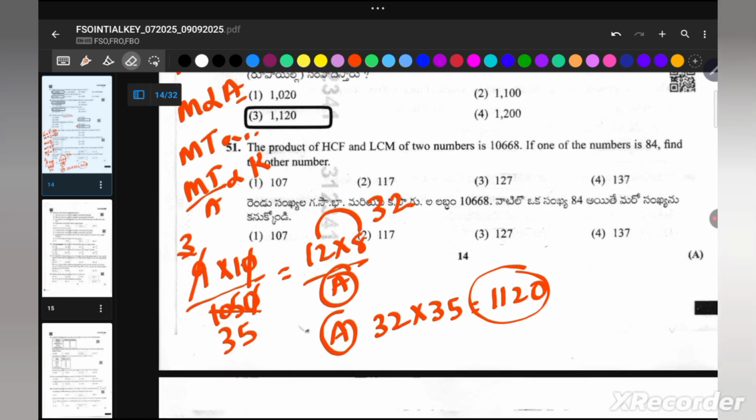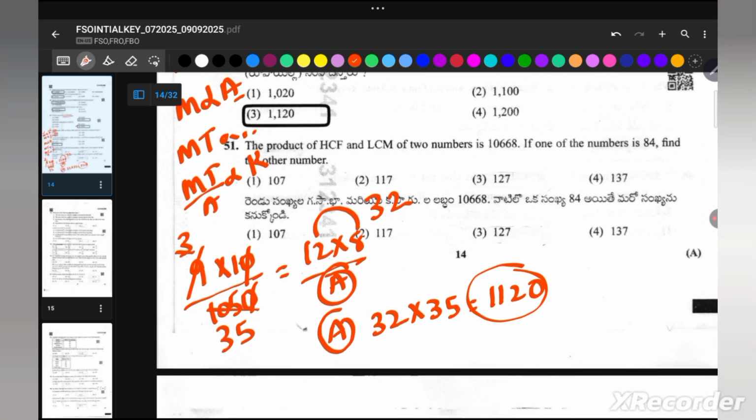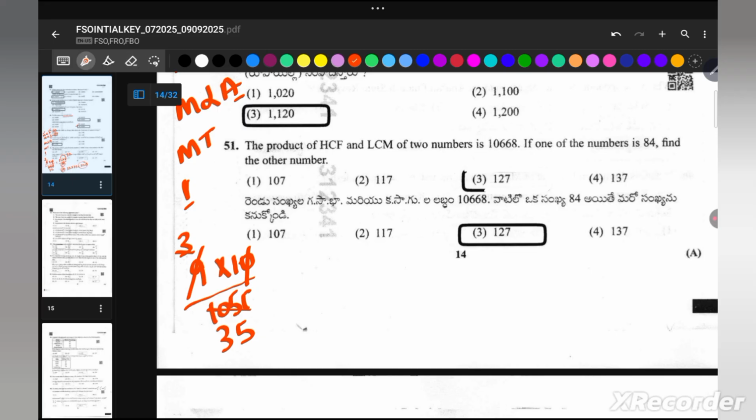Next, let us discuss question number 51. It is a very easy one. The answer is already provided, as I said before. Let us discuss how we got this answer. There is a formula in HCF and LCM: the product of the HCF and LCM will be equal to the product of those two numbers.